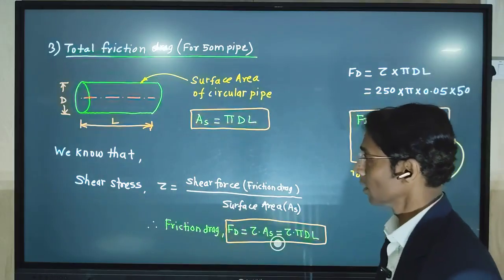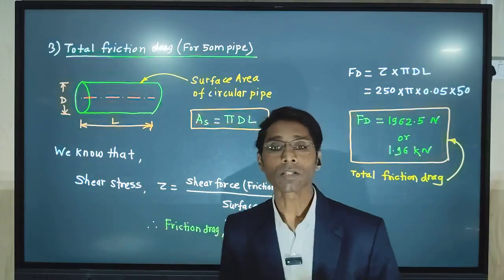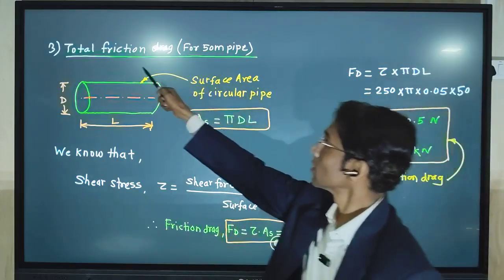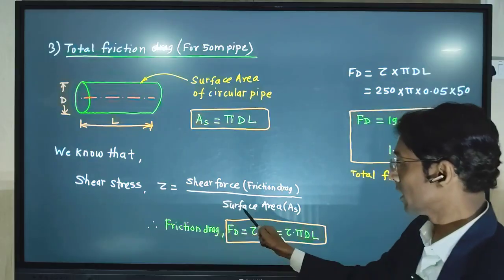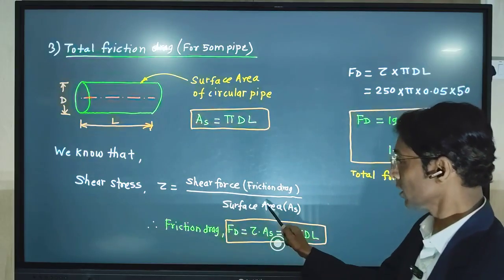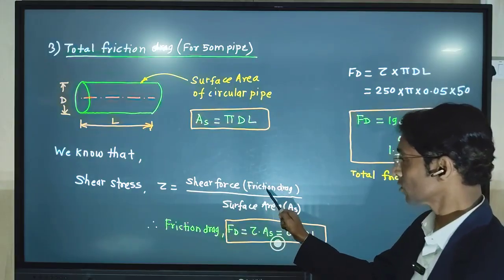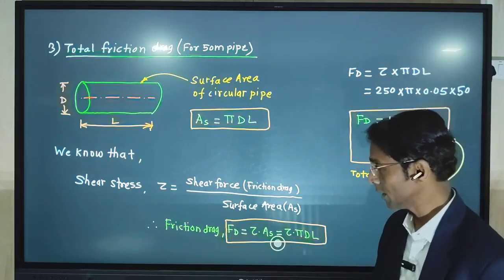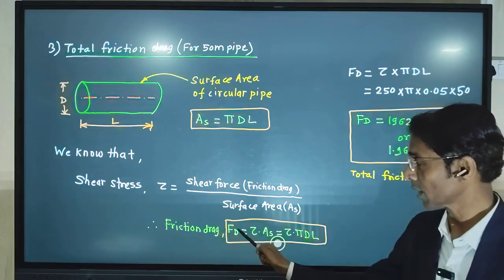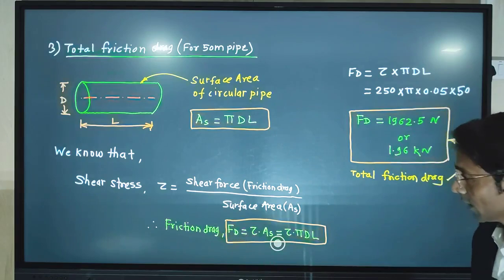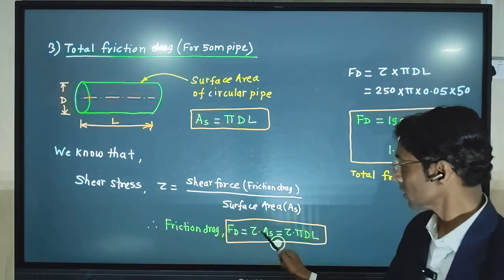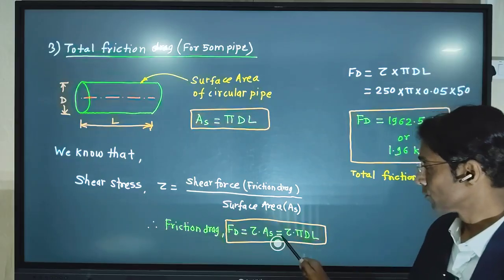So pi d L. We know that shear stress is a ratio of shear force, we call it as friction drag, divided by this surface area. So we arrange this equation in the terms of friction drag which we need to calculate. So we use the notation for friction drag, capital FD is equal to product of shear stress into surface area.